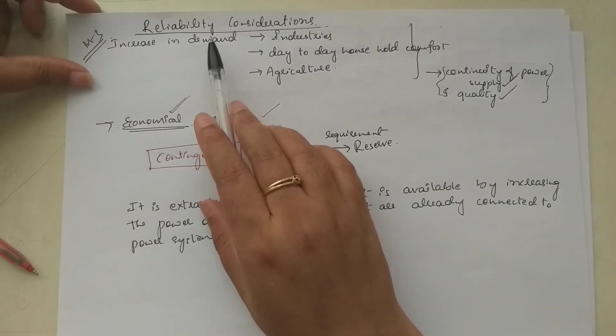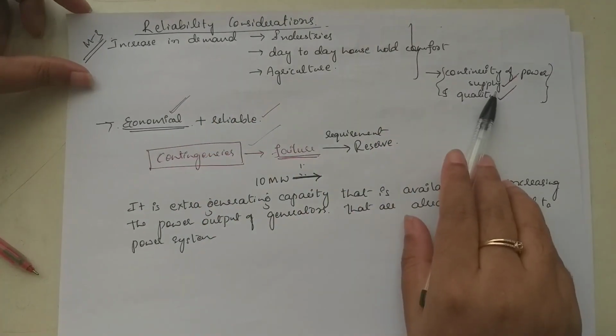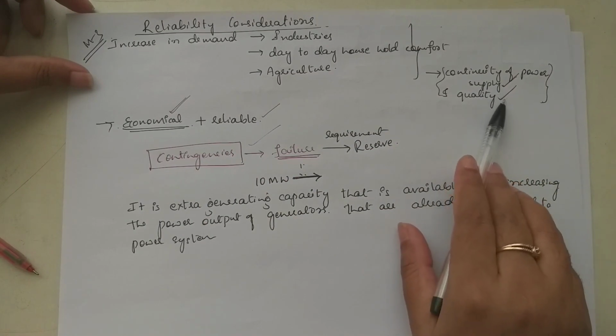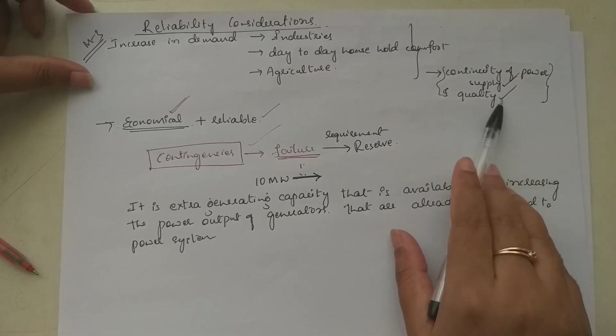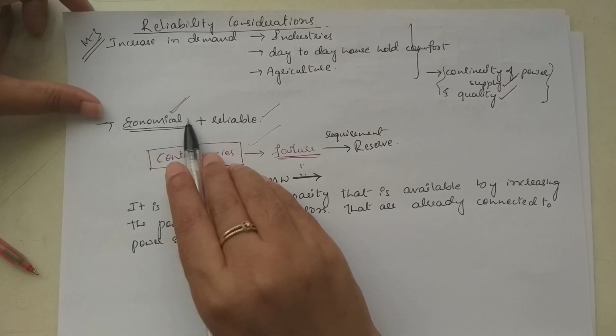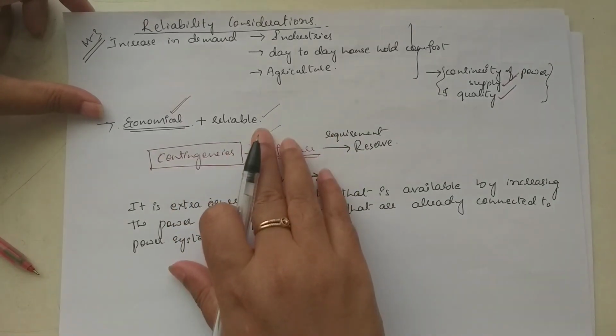There is an increase in demand, so there should be continuity of the power supply. Not only continuity, it should have quality. The frequency and voltage should be maintained properly. So not only do we need economical power supply, but also reliable power supply.